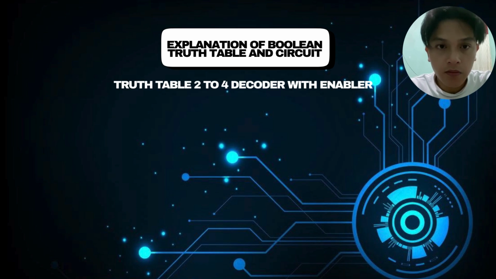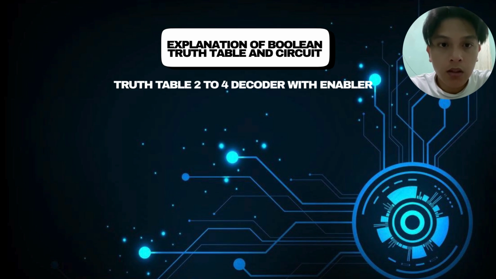Part 1, truth table. The first step is to identify the inputs and outputs. For a 2 to 4 decoder, we have 3 inputs: enable, A1, A0, and 4 outputs: Y0, Y1, Y2, and Y3. When enable equals 0, all outputs are 0. When enable equals 1, only one output becomes 1 depending on the binary combination of A1 and A0. For example, if A1 equals 0 and A0 equals 0, Y0 equals 1.